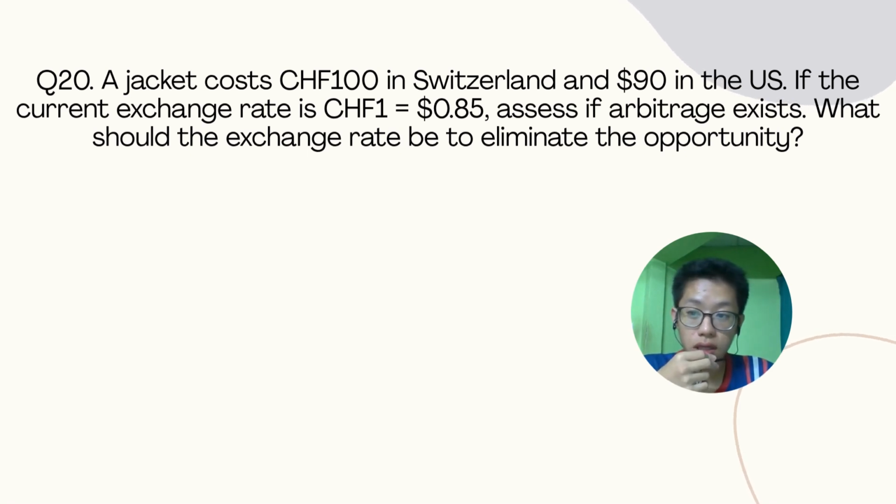In this calculation, arbitrage exists because the effective price in Switzerland is 85, cheaper than the 90 in the US, so the jacket can be bought in Switzerland and sold in the US for a 5 US dollar profit. To eliminate the arbitrage, the exchange rate should be 0.9 dollar equal to 1 Swiss dollar.